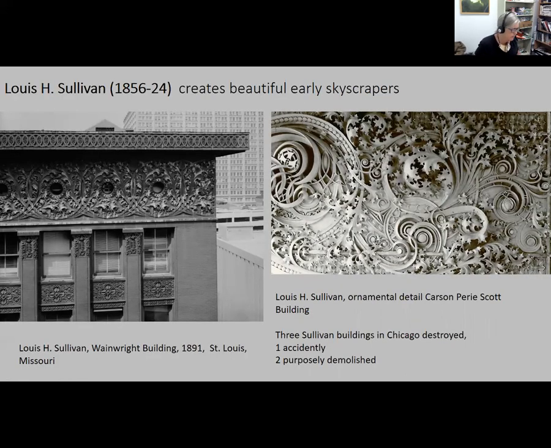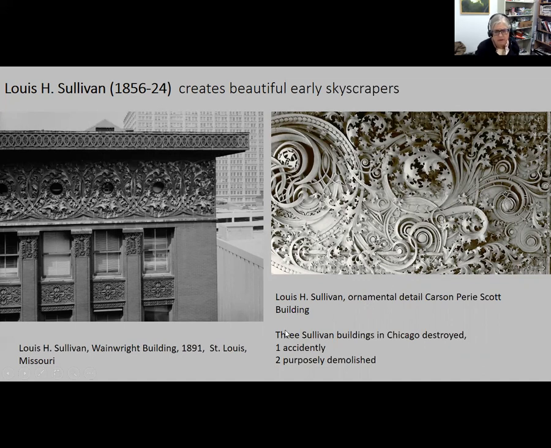So some of these early skyscrapers were designed by an architect named Louis H. Sullivan. And when Louis H. Sullivan designs these, he makes them not only functional buildings, but incredibly beautiful buildings where he has all this ornamental detail on the outside of them.